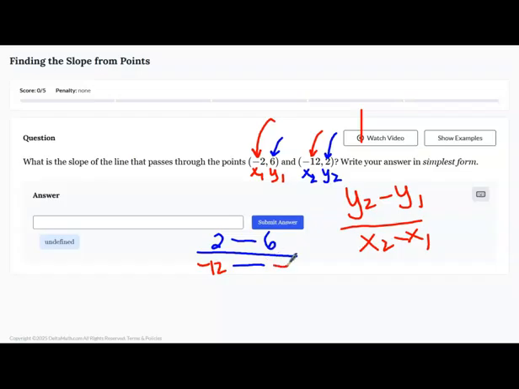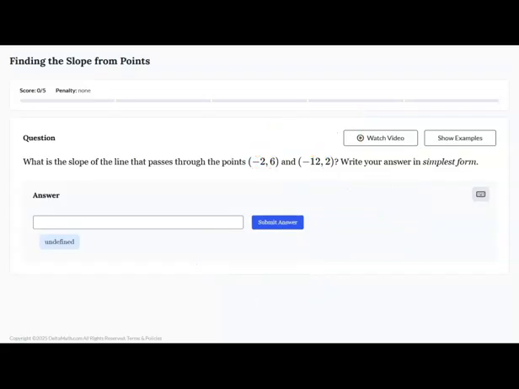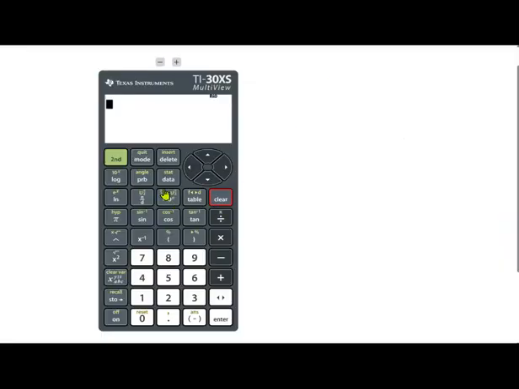Now notice that your formula has a negative sign and your number has a negative sign. So sometimes you'll get 2 minuses in a row. So 2 minus 6 over -12 minus -2. You may want to use your calculator, or you can use the online calculator in the Google Classroom.